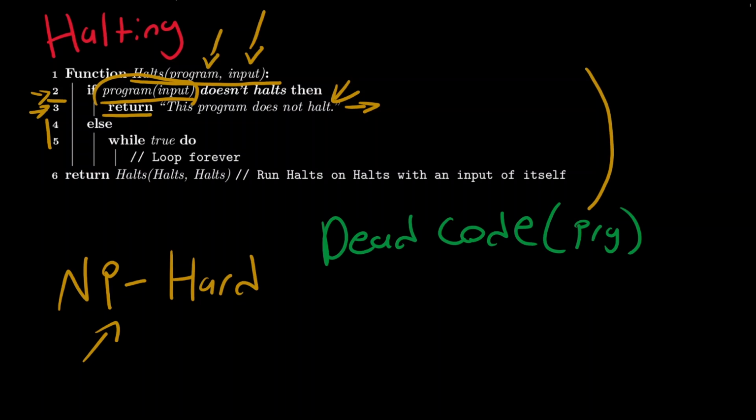The reason why the halting problem reduces to the dead code problem is that we could use the dead code problem as a subroutine in the halting problem to decide what parts of the code will make the program loop forever. So the dead code problem is also an NP hard problem.